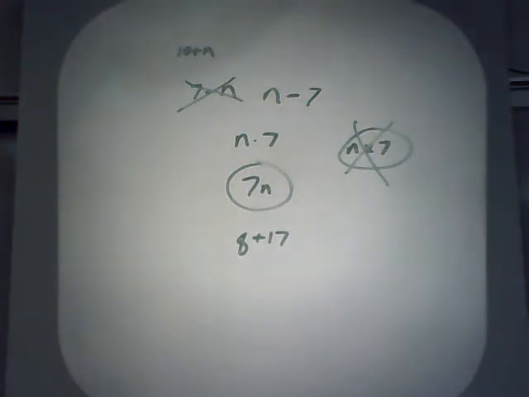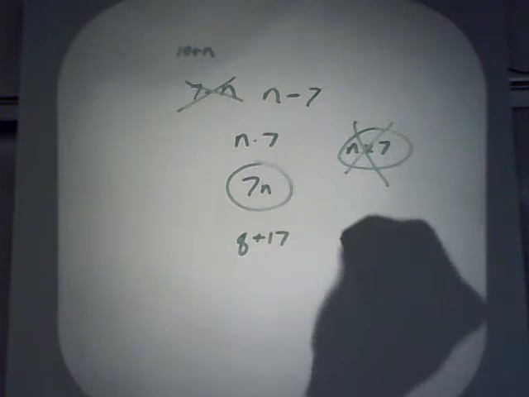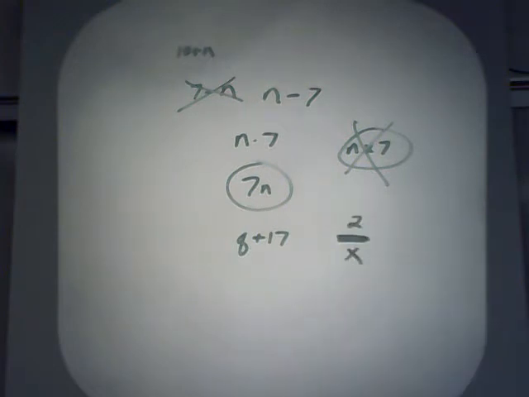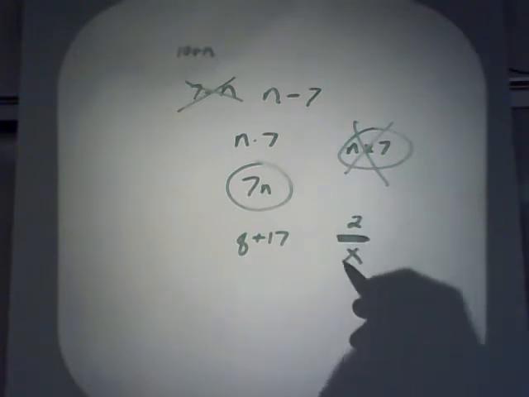The quotient of 2 and x. The quotient, remember I write the division bar. The quotient of 2 and x. Then I don't get it backwards.